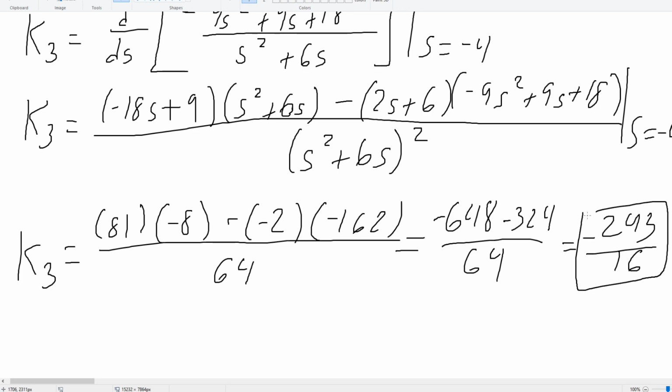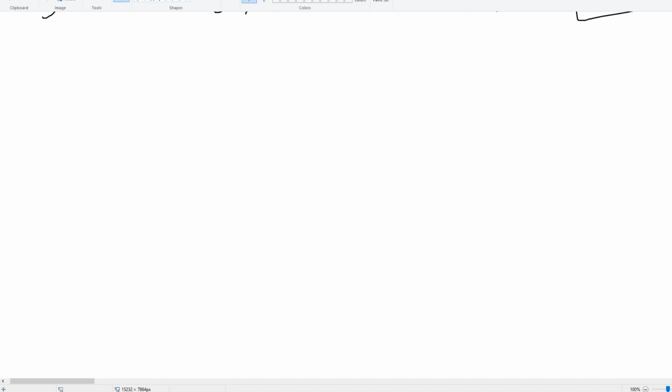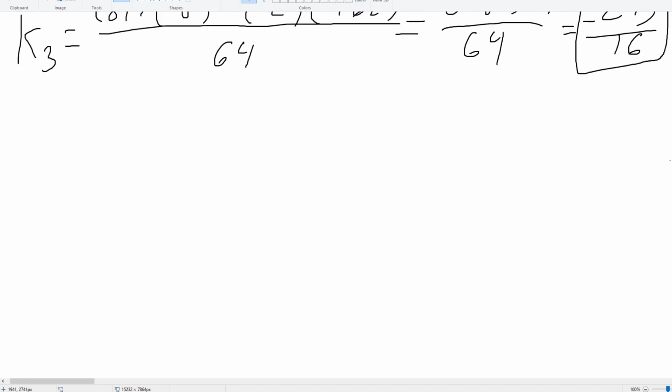All right, so we have all of that. The last thing that we have to do is K4. Now K4 is much easier than K3 because you do the same thing but without the derivative. You do 9 times negative s squared plus s plus 2.